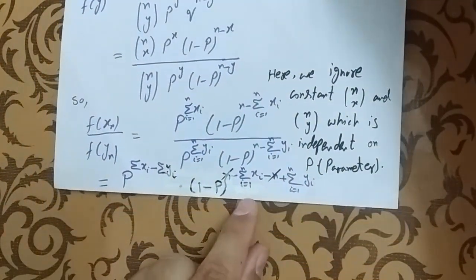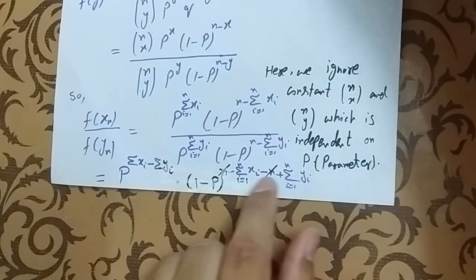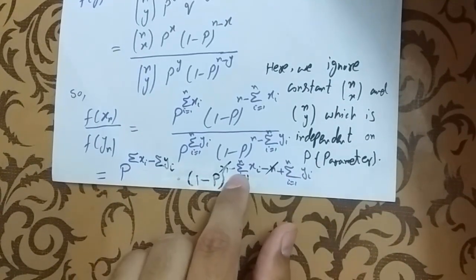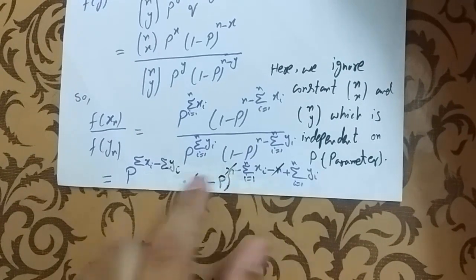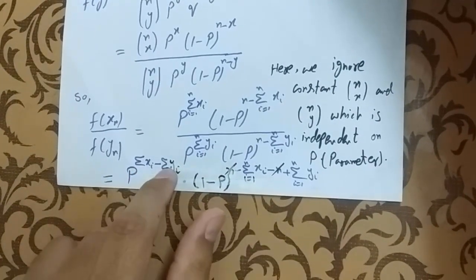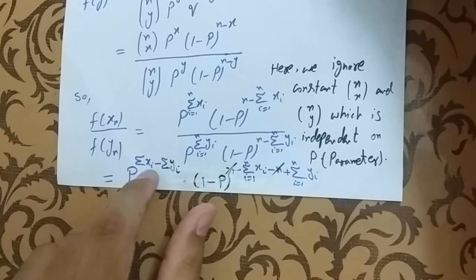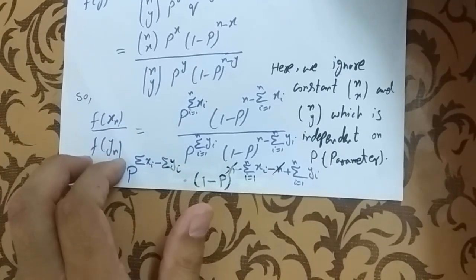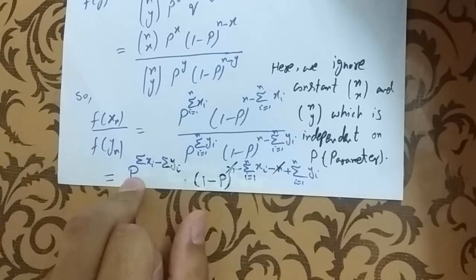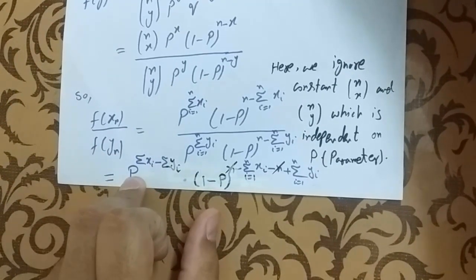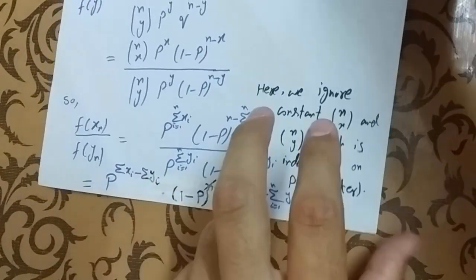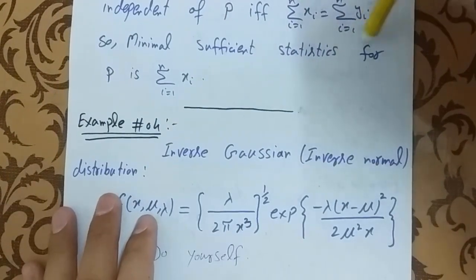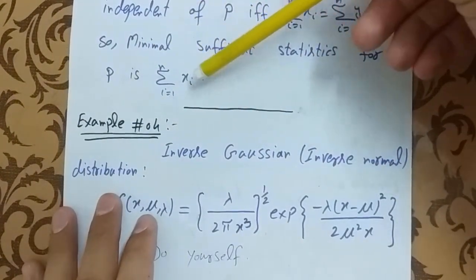If we check, these two are equal, meaning this factor cancels out, and 1 minus p raised to the power 0 is equal to 1. Here also this factor is equal to 1, and p raised to the power 0 is equal to 1, and this factor is independent of p when f of x and f of y are equal. So the minimal sufficient statistic for p is summation xi.